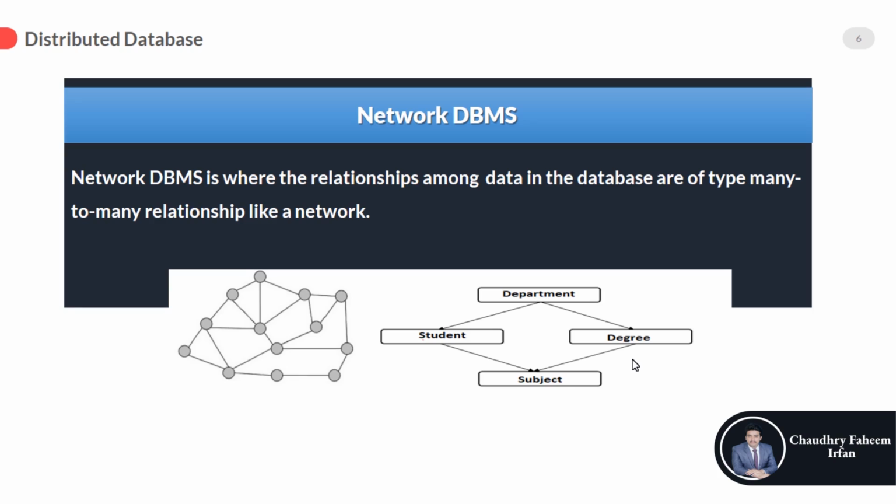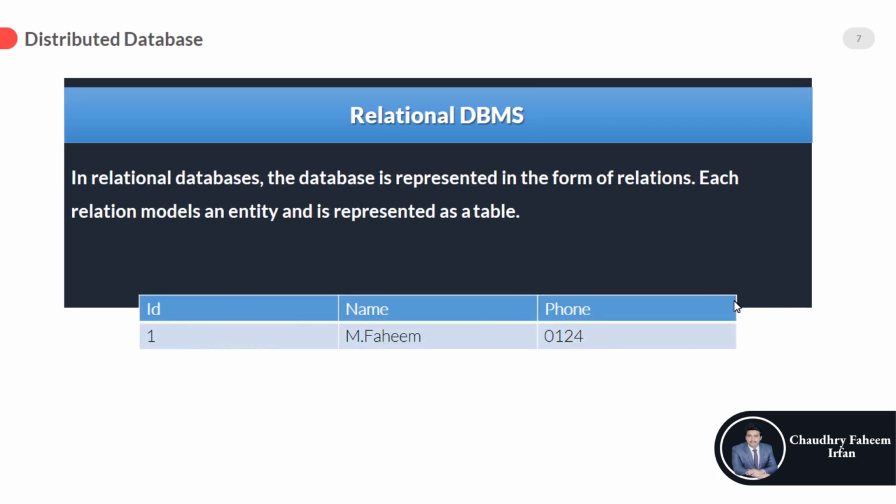So our next model is Relational DBMS, which is my favorite one. In relational databases, the database is represented in the form of relations. Each relation models an entity and is represented as a table. The relational model is the most commonly used database model. It is more flexible than hierarchical and network models.